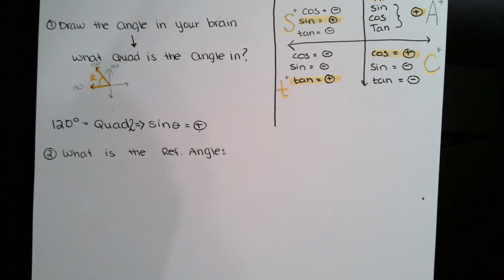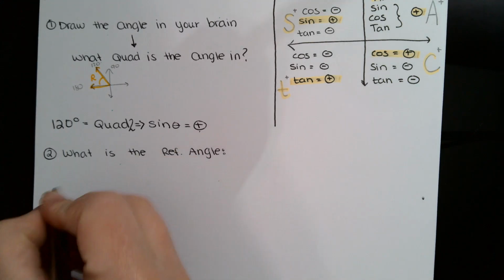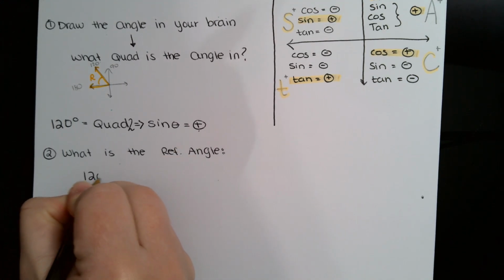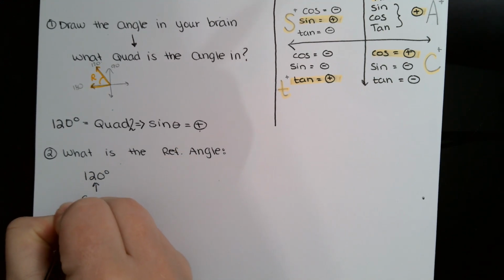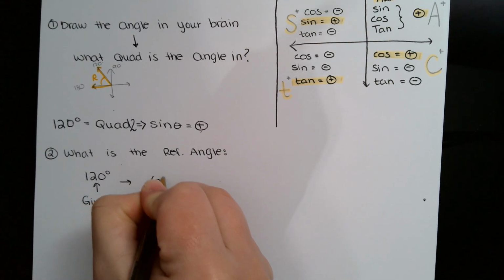The reference angle helps you with your memorization. It's a size that is in quadrant 1. It's in quadrant 2, but it's a reference of a quadrant 1 size. So this reference angle is 60 degrees. 120 is the angle we have, and the reference angle of that is 60 degrees.